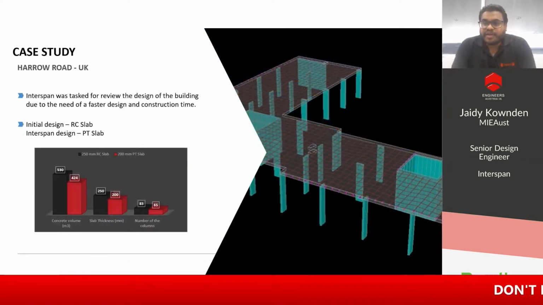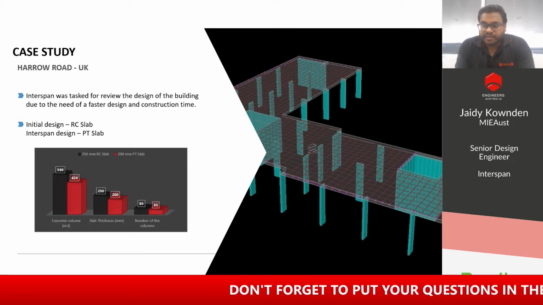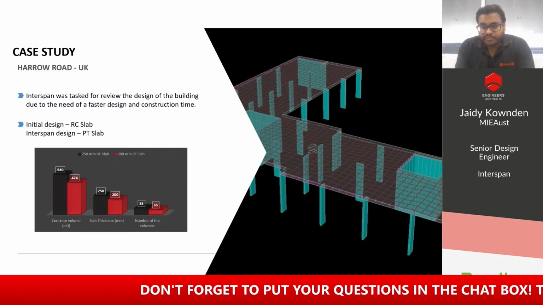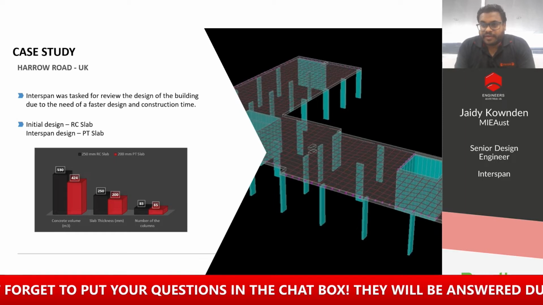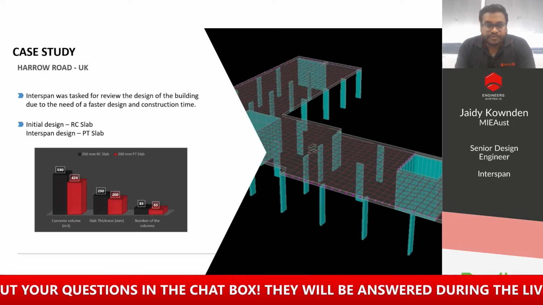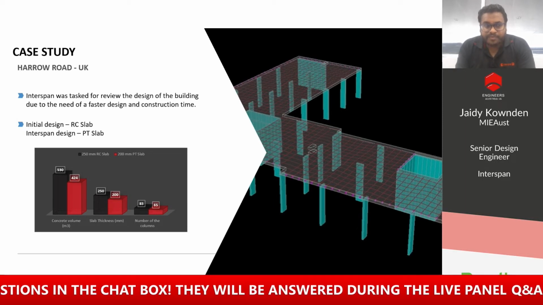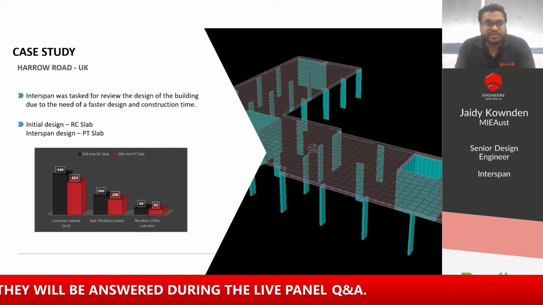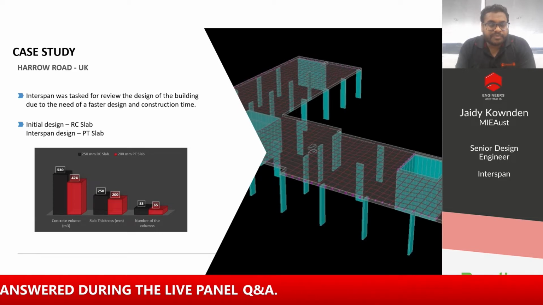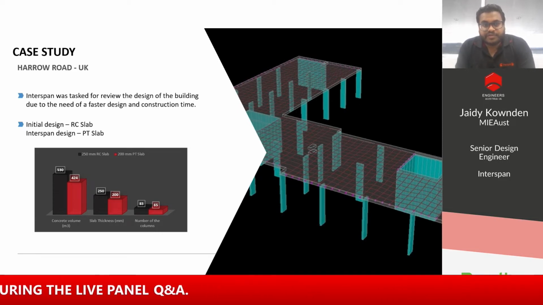Next project is the Harrow Road project in the UK. Interspan was asked to review the design of the building because the builders required a faster construction time. In doing so, we also reviewed the slab depth and the columns. In the table below, you can see the comparison of what we were able to achieve using a conventional versus a PT slab.